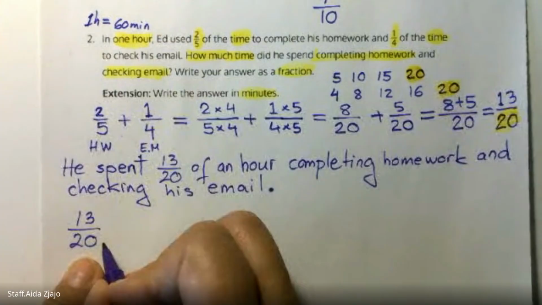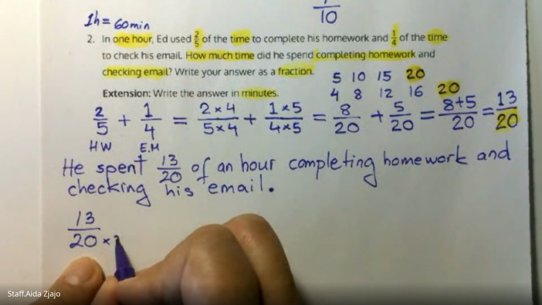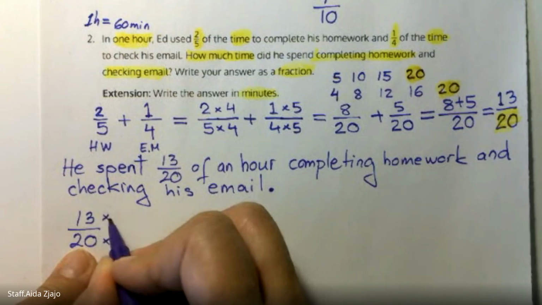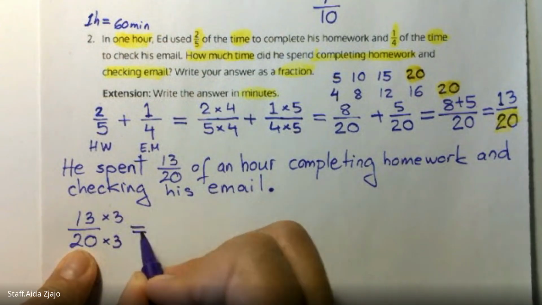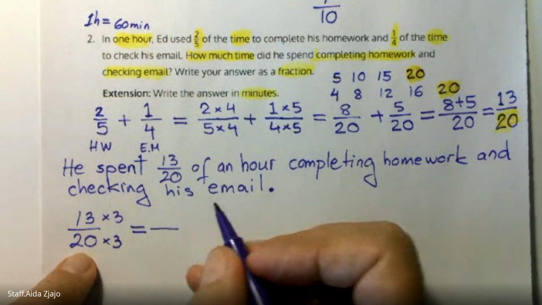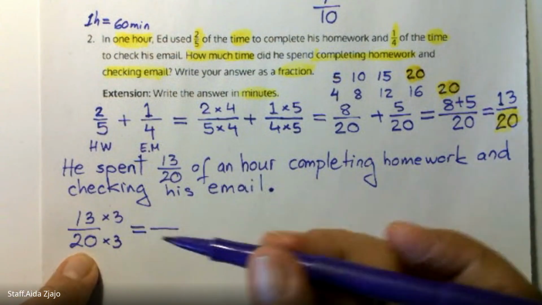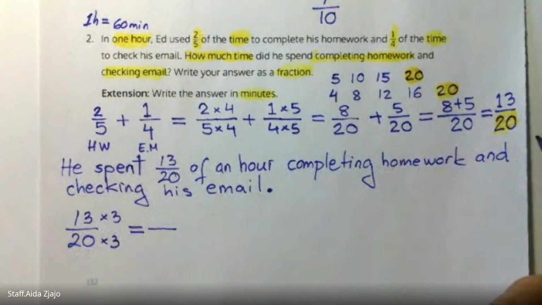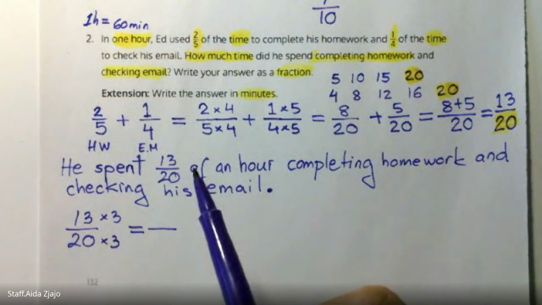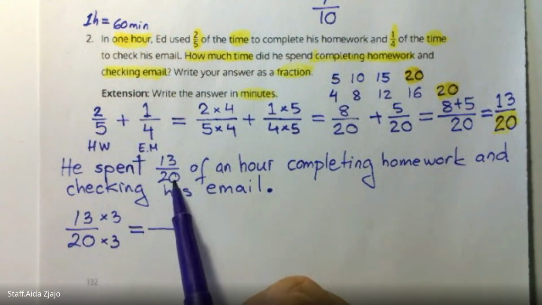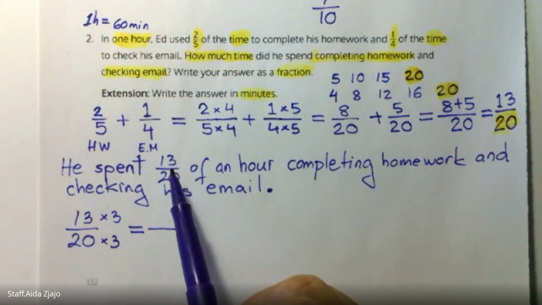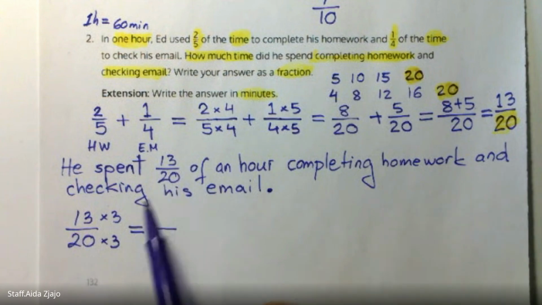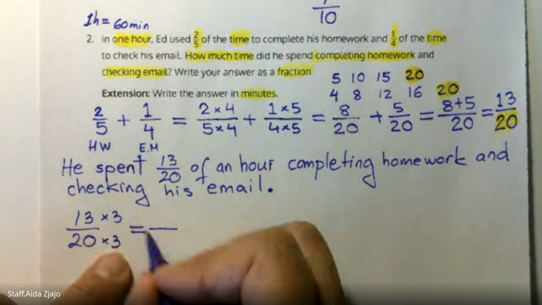So if I multiply this by 3, I will get how many per minute. This is the simplest form of how much time he spent. If we divide it into 20 parts, then this will be 13 out of 20 parts. I'm confusing you, but I will explain.